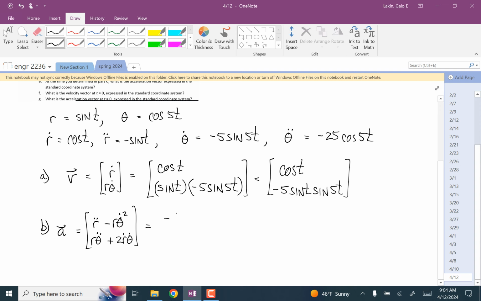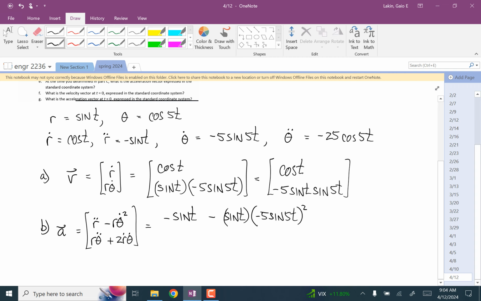So that's negative sine of t minus sine of t times negative 5 sine of 5t squared.